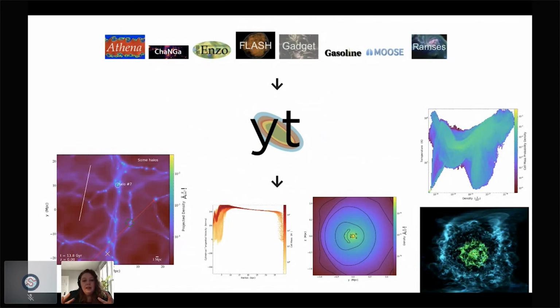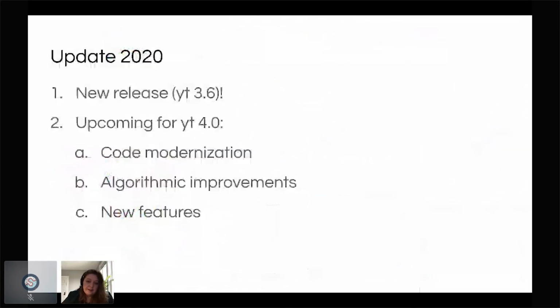We take bespoke front ends for each different type of simulation code, and we ingest it so that somebody can just say, load my data set. They don't have to do any pre-processing. YT will load it, and then they can create beautiful visualizations, or they can do analytical operations like slices or spheres or other types of operations on their data.